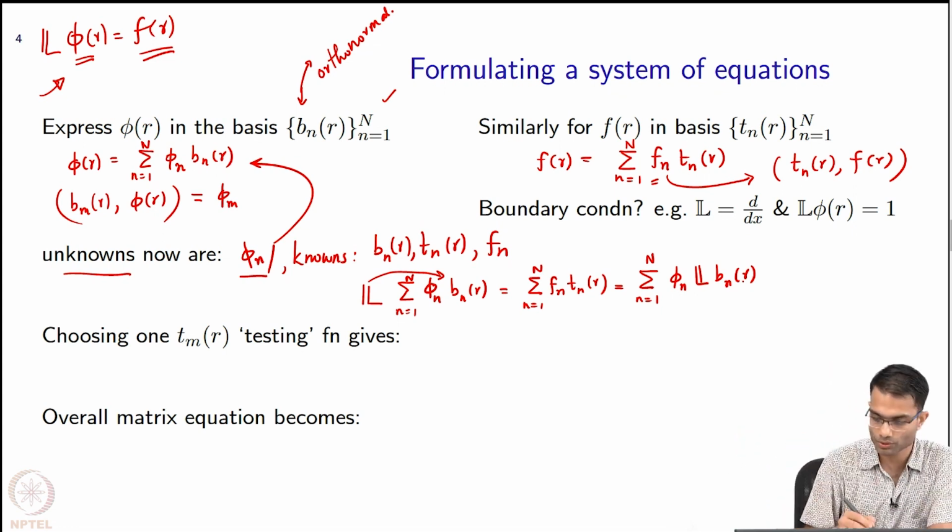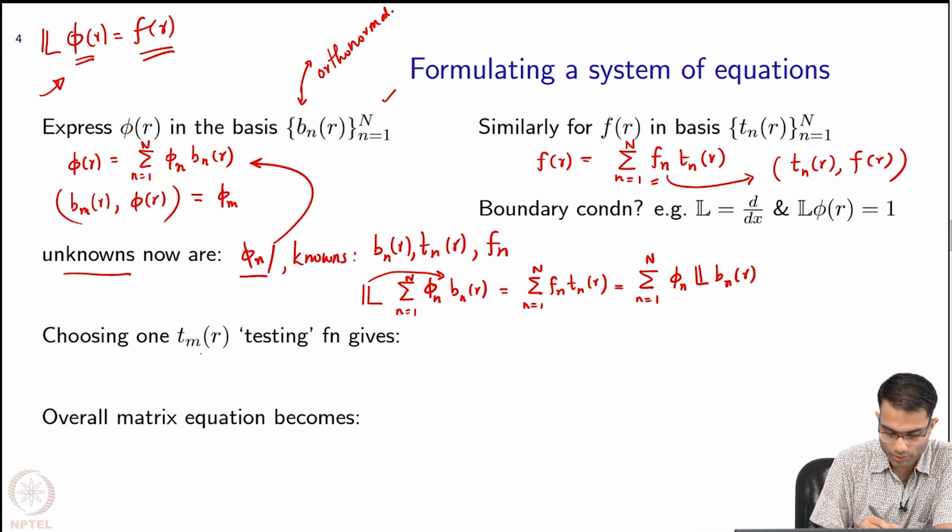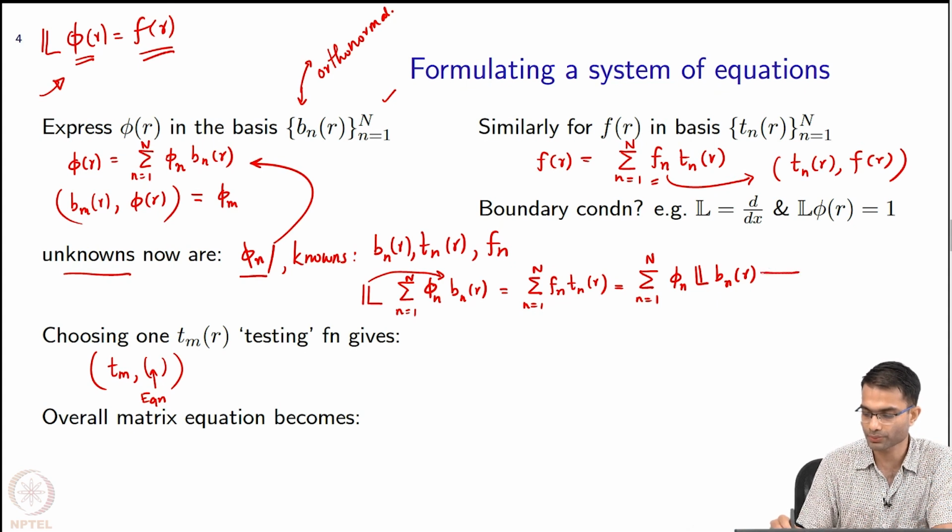So, what does it do? What I am saying is now I am going to take the t m inner product of the whole equation. The whole equation is over here. Which whole equation? This whole equation. So, what does that become?